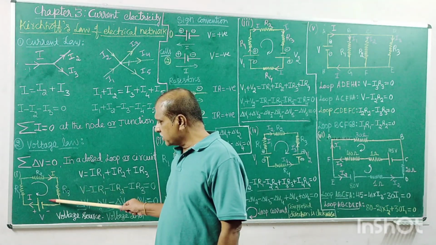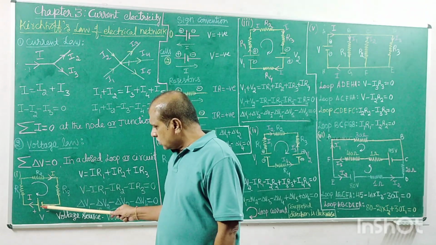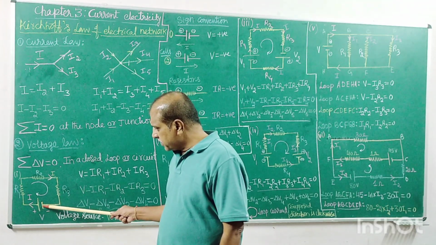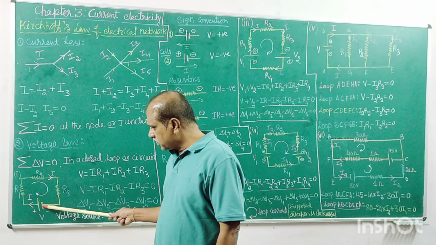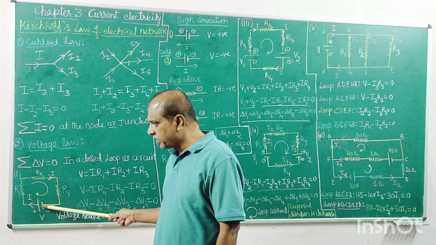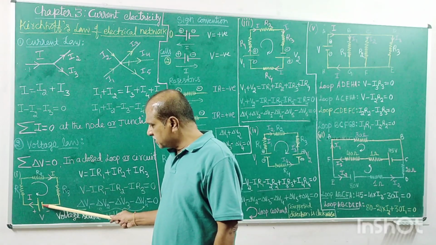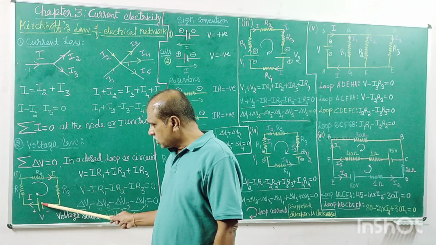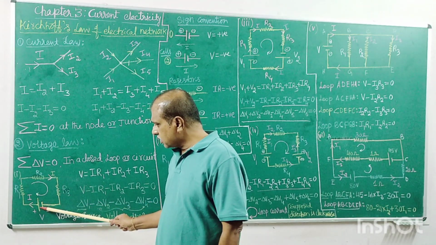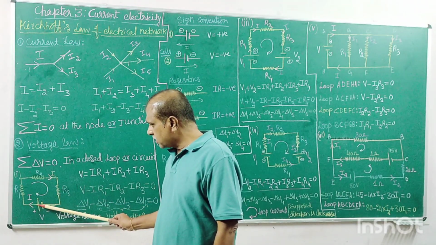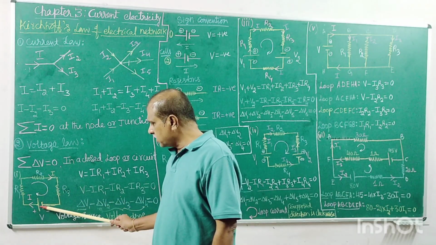Electrons take energy from this cell, energy generated from the chemical reaction in the cell. That energy is taken from here and given here. Take and give: energy gain, energy loss.